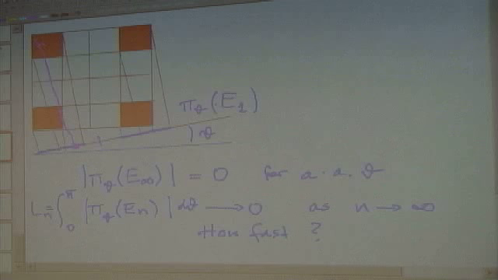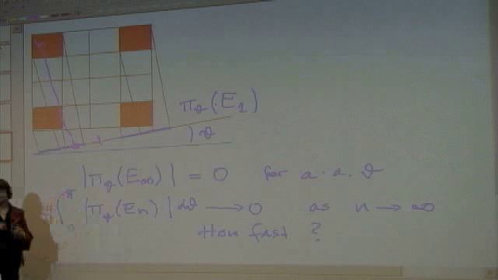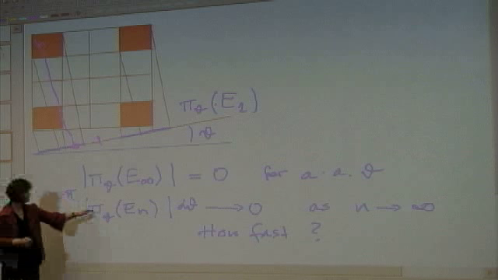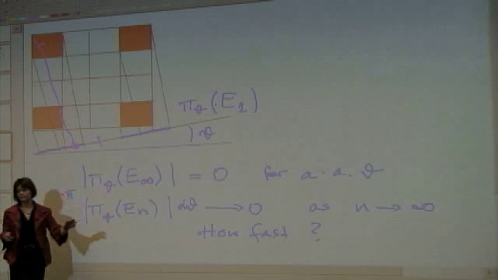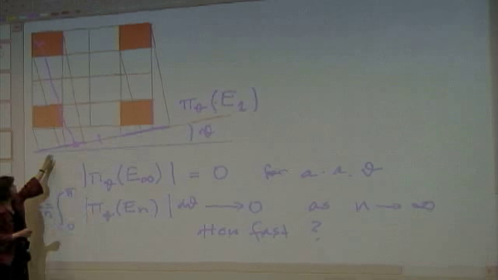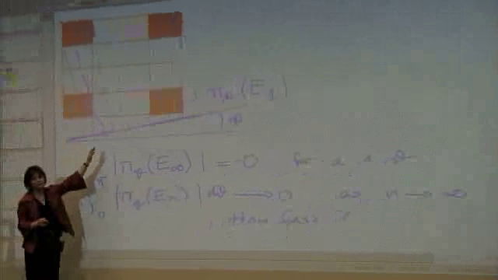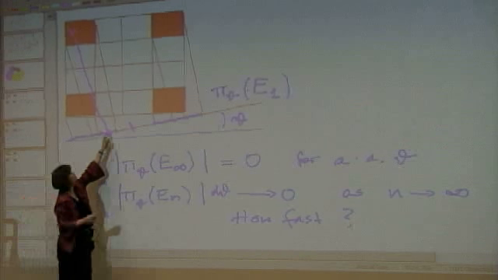We want to prove an estimate from above on the length of the projections pi theta of En. Now, how is it going to be possible for that projection to be large? The only way that can happen is if you have a lot of squares whose projections don't intersect. So they're going to be disjoint.